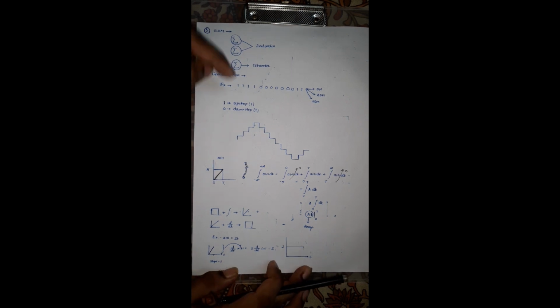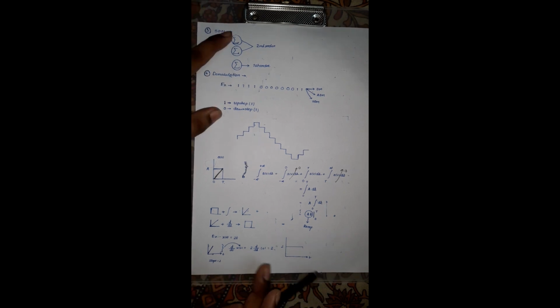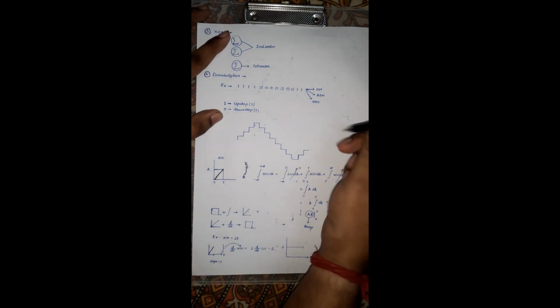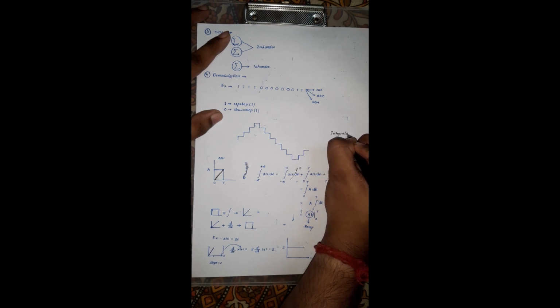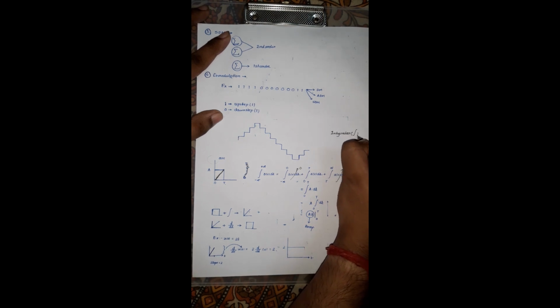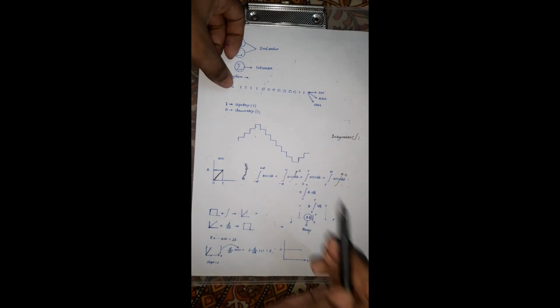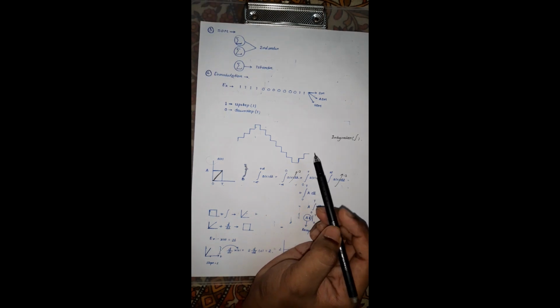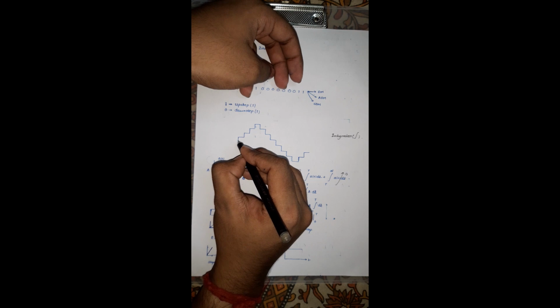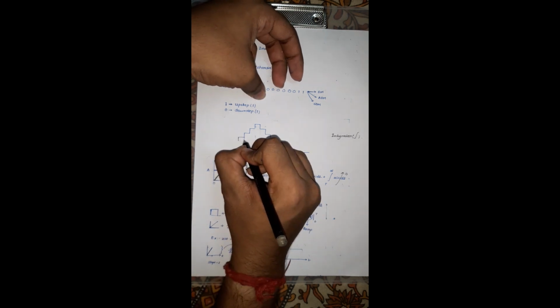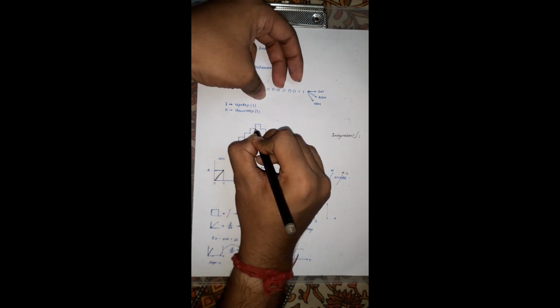And using this concept, after producing this sampled signal from this code, there will be an integrator. What will the integrator do? The integrator will just integrate these total signals. As you can assume, there are a number of steps here.